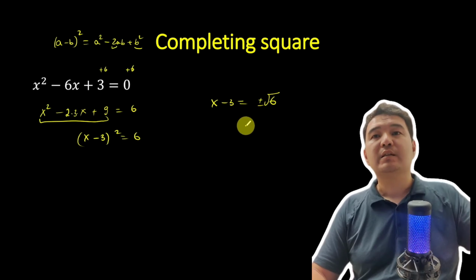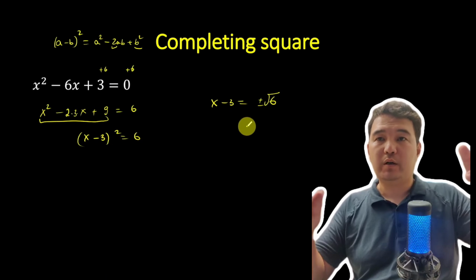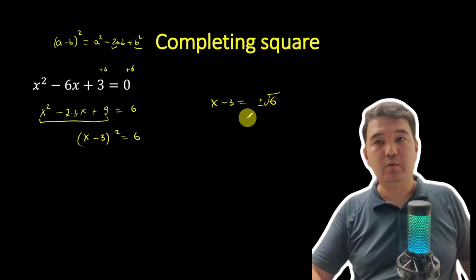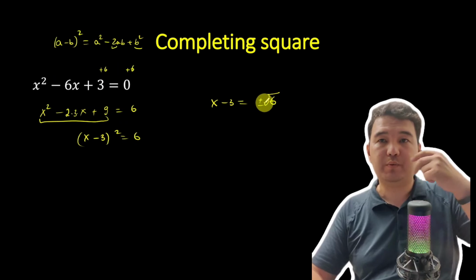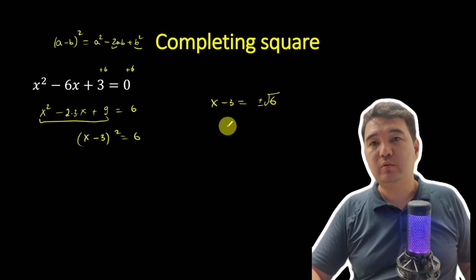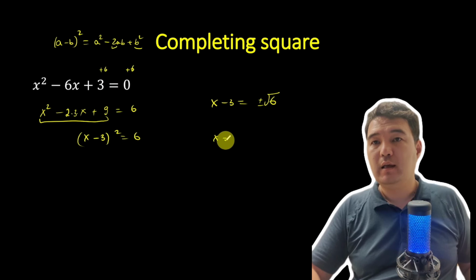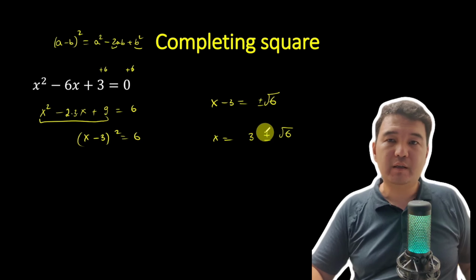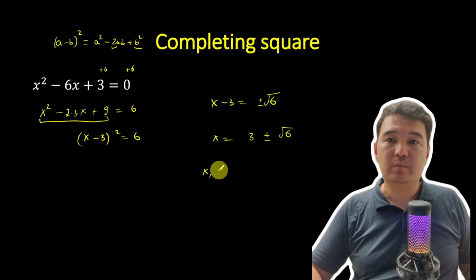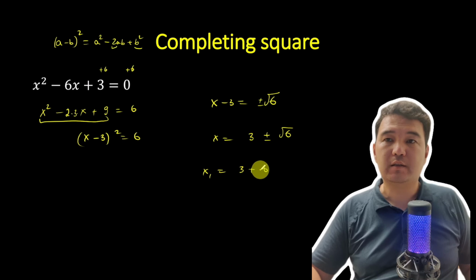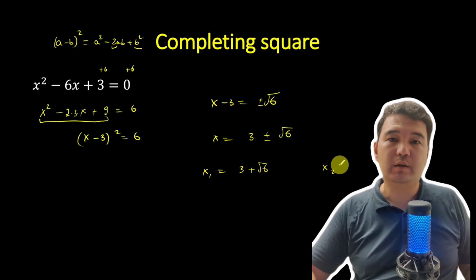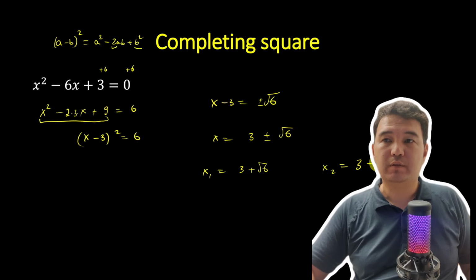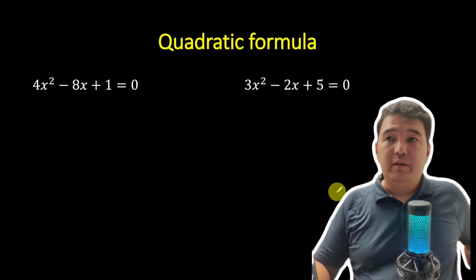Since this is an equation and we are taking square roots, we need plus and minus. There are two options. Adding 3 to both sides, we get x is equal to 3 plus or minus root of 6. So this means x1 is going to be 3 plus root of 6 and x2 is going to be 3 minus root of 6.